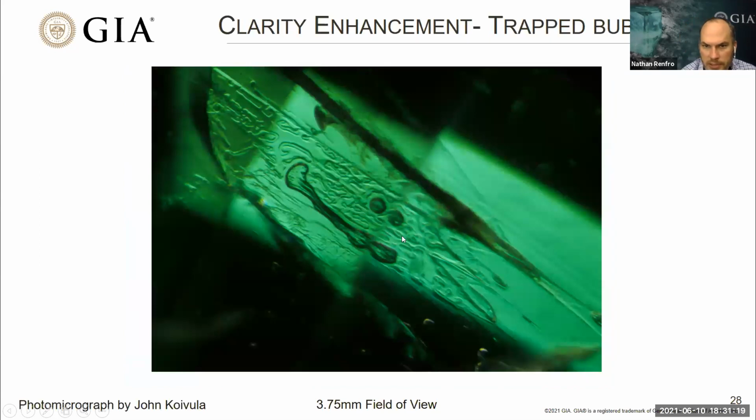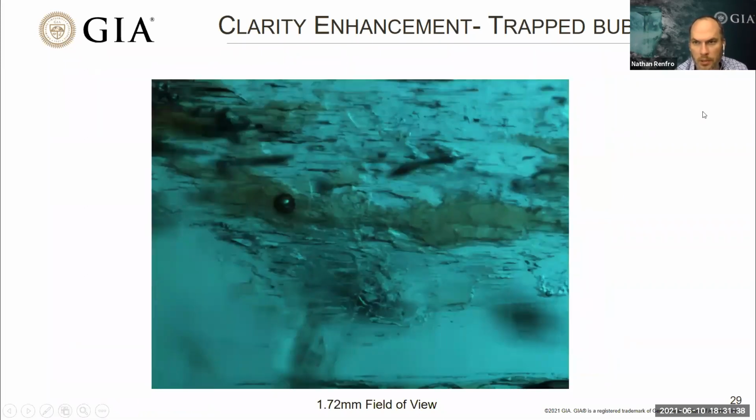We also look for things like trapped gas bubbles. And so when we have these kind of rounded shapes that are combined within this sort of two-dimensional surface, that tells us that we have a clarity enhancing material trapped within a fracture plane. And so here's another example of clarity enhancement.